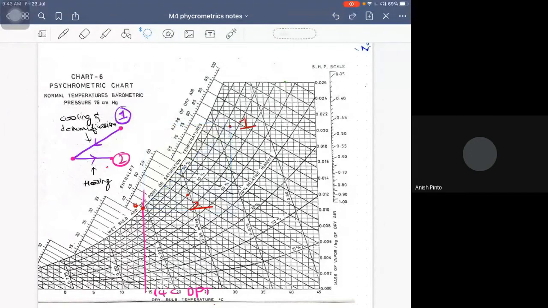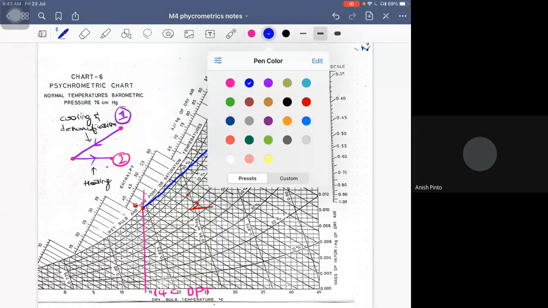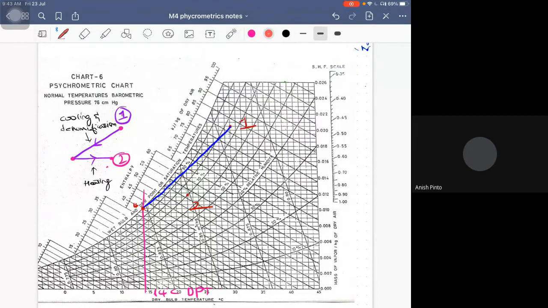So with pencil and scale it is easy. Now here it is difficult, but I draw approximately. Is it clear? Have you drawn the straight line? Yes, sir. Now you know that from state 2 it is a heating process and it is a horizontal line. So draw a horizontal line here, from state 2, like this.